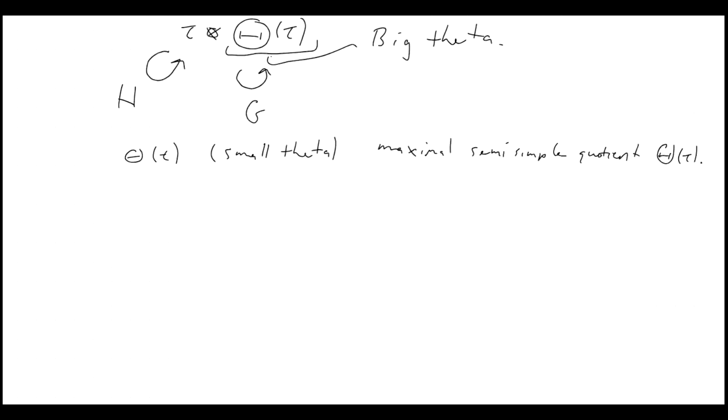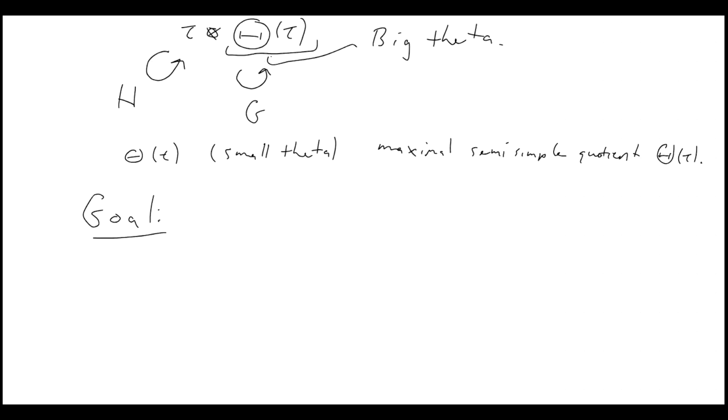Okay, and so now what's the goal? So first off, the theta correspondence gives us a way of taking a representation of H and constructing some representation of G. And so in our particular case, we're taking a representation of PGL2. These are things that we understand quite well. And out of that, we're producing representations of F4, which maybe we don't understand as well, which I definitely don't understand as well.